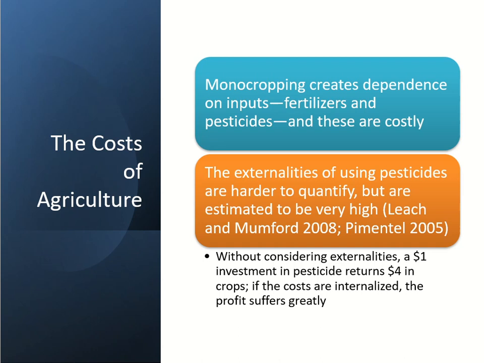Leach and Mumford and Pimentel have tried to nail down some estimates of what those costs would be, but without considering externalities, a $1 investment in pesticide returns $4 in crops. So if the costs are internalized, we're going to lose that profit margin of 75%, might be closer to breaking even.